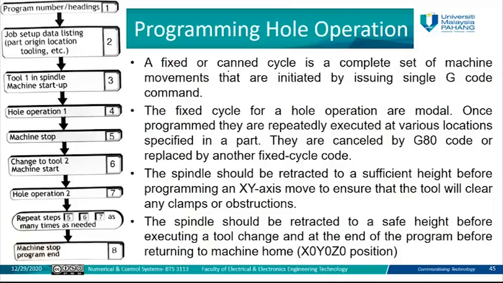Usually there are some fixed or canned cycles here. These fixed canned cycles are designed or programmed to perform the operation of drilling. There is no need to go through the details of the canned cycle, because there is already one code or address created, for example G81, G82, G83.